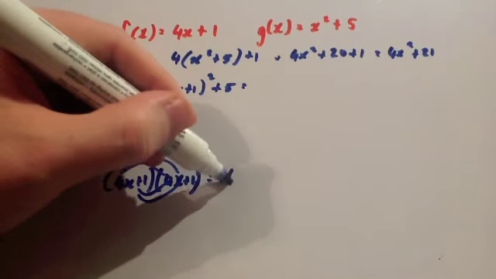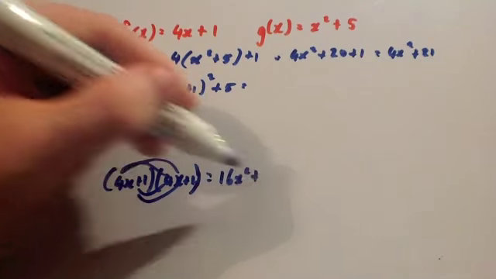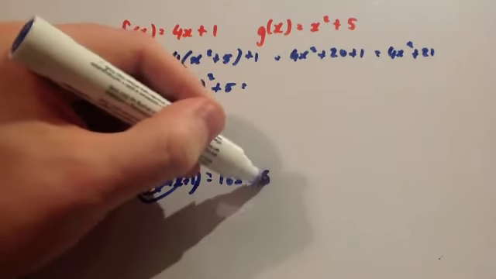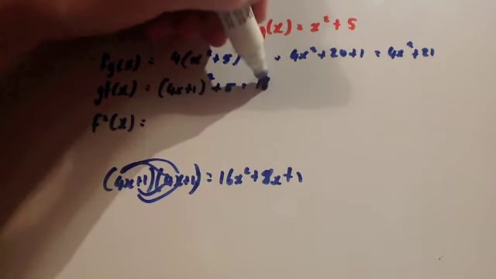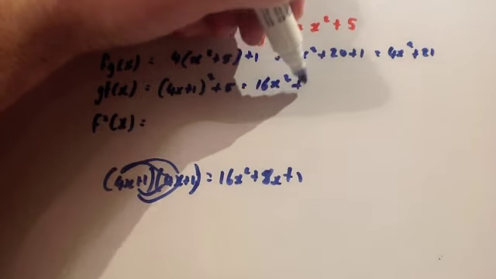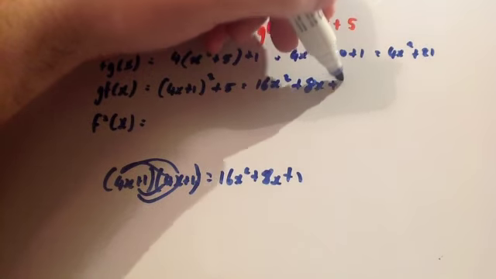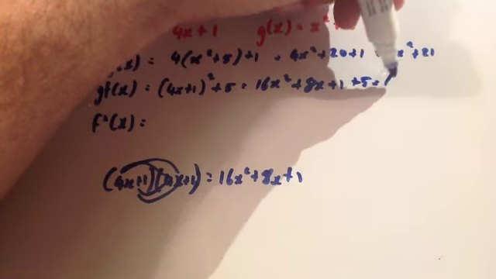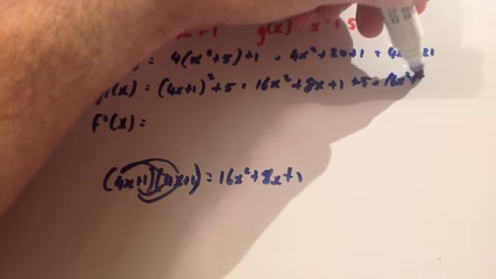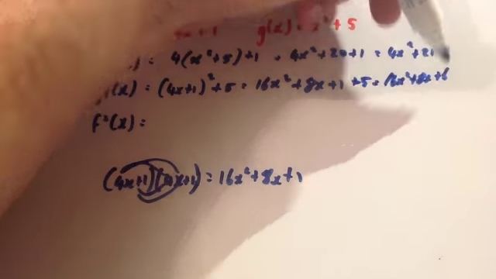So you're going to get 16x squared plus 4x and 4x, which would be 8x, plus 1. So you're going to get 16x squared plus 8x plus 1. Now don't forget the plus 5 here, which then would be 16x squared plus 8x plus 6.